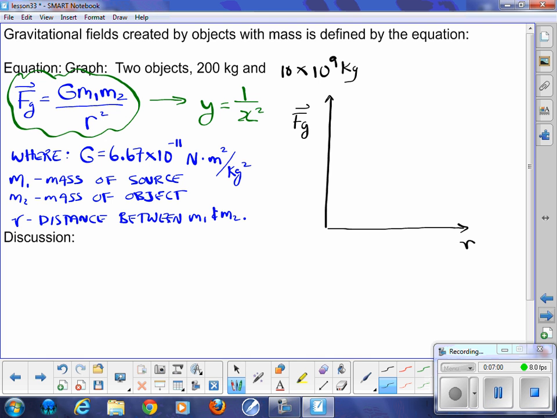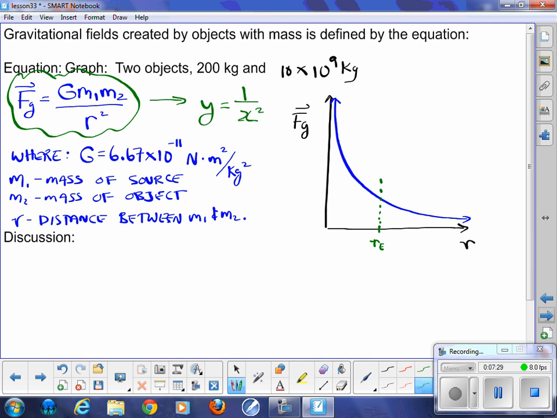I know I've got a couple of grade 12s squirming in their seats right now saying, sure, that's right. Okay, if I graph the force due to gravity equation, keeping M1 and M2 constant and letting R vary, we'd have a curve that looks like this. Let's say this is the radius of the Earth.